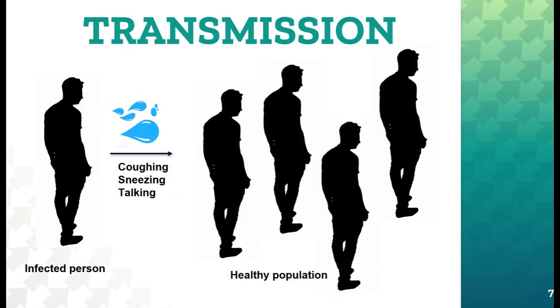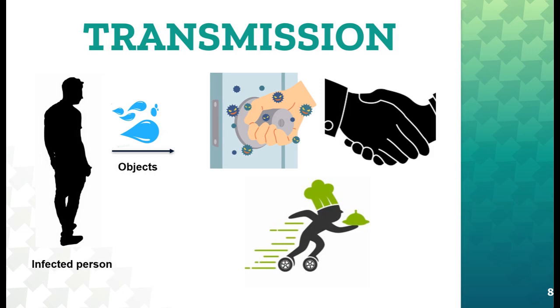So let us see how the disease spreads. The transmission of COVID-19 can be through droplets from the infected person by coughing, sneezing, and talking to the healthy population. Another way of transmission is through the infected person's droplets on objects, like whichever objects the infected person touches can be a source of transmission to a healthy person.